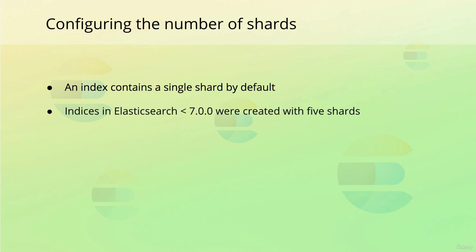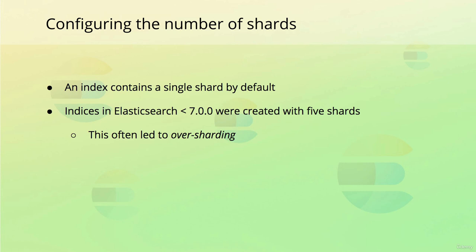Up until Elasticsearch version 7, the default was actually for an index to have 5 shards. However, having 5 shards for very small indices is very unnecessary. When people created lots of small indices within small clusters, they ran into an issue of over-sharding, meaning that they had way too many shards.